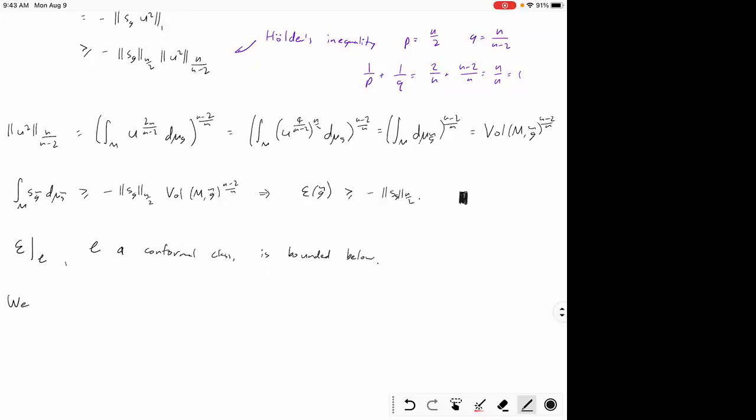So because it's bounded below, we define the Yamabe constant of C, Y of M C, to be the infimum of the functional over all metrics in the conformal class.